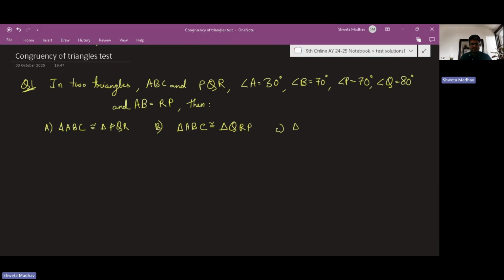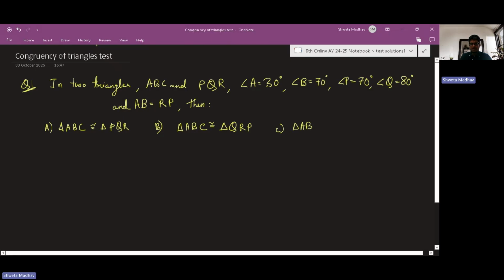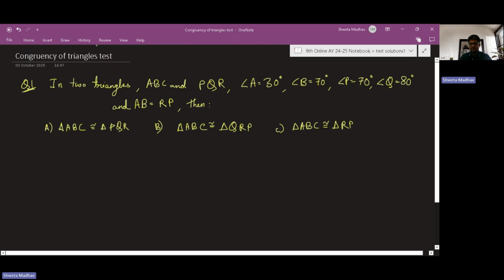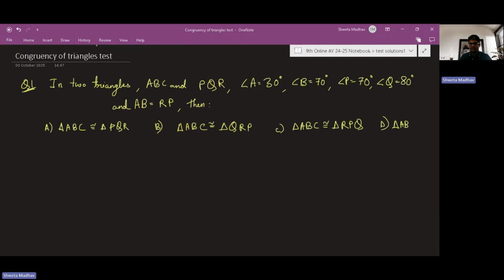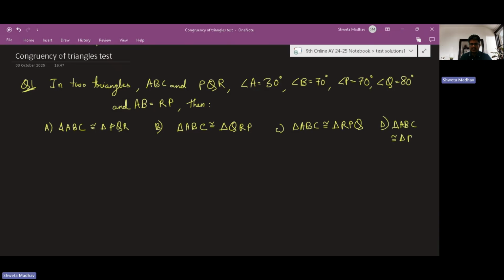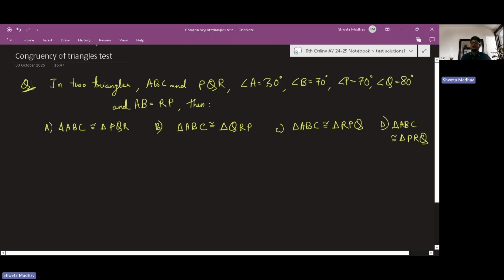Option C is triangle ABC is congruent to triangle RPQ. And option D is triangle ABC is congruent to triangle PRQ. So which of these options are correct? We have to find out.